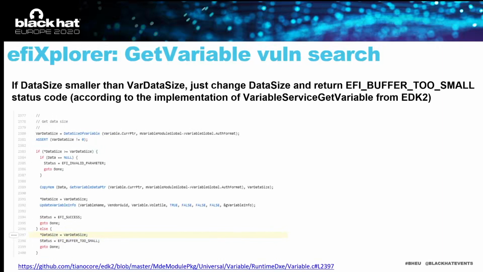If the function tries to get the environment variable and sees that it is larger than the value of the data size supplied as an argument, it returns an error, yes, but at the same time it updates the data size, and that might not be immediately clear in some situations.